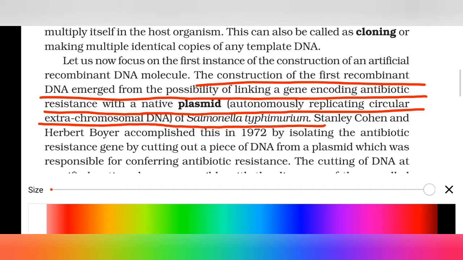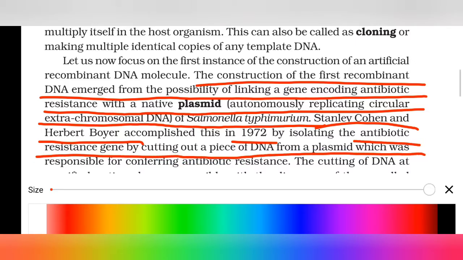This was the first bacteria from which a plasmid was isolated by Stanley Cohen and Herbert Boyer in the year 1972, and it was responsible for the antibiotic resistance gene by cutting out a piece of DNA from the plasmid, which was responsible for conferring antibiotic resistance.